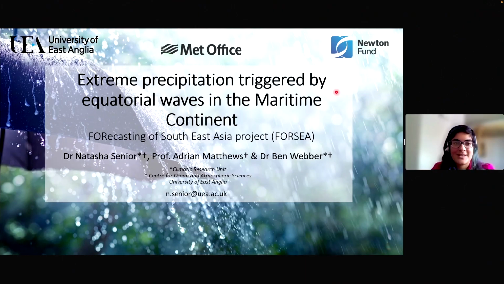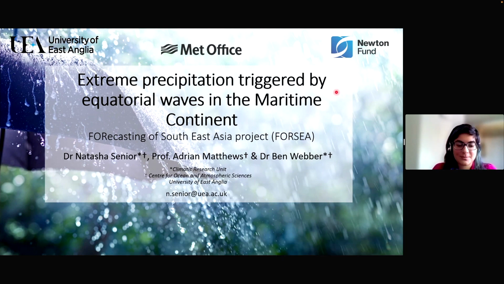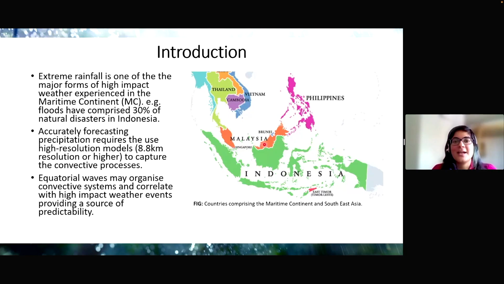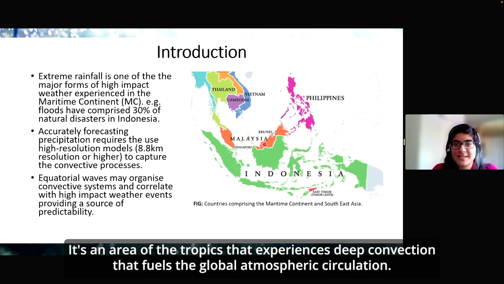Thank you, Tim. I'm here to talk to you about the work I've been doing on the 4C project at CRU on precipitation extremes triggered by equatorial waves. So this is the Maritime Continent. It's an area of the tropics that experiences deep convection that fuels the global atmospheric circulation.